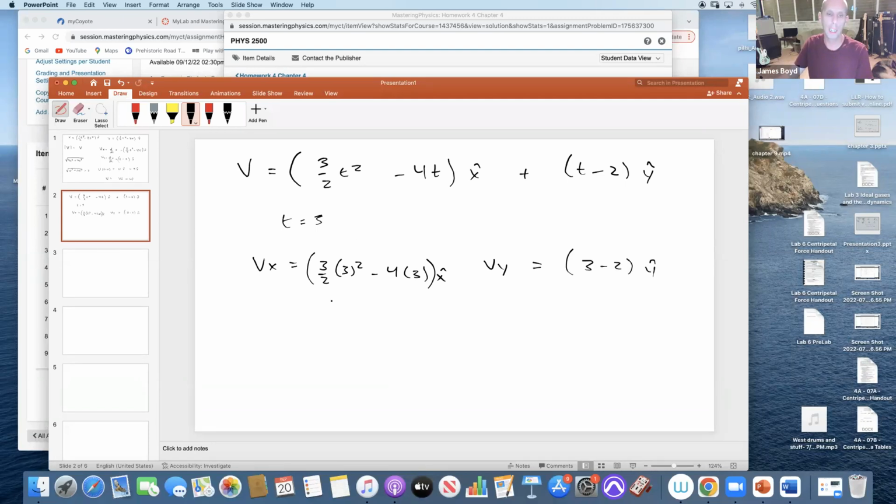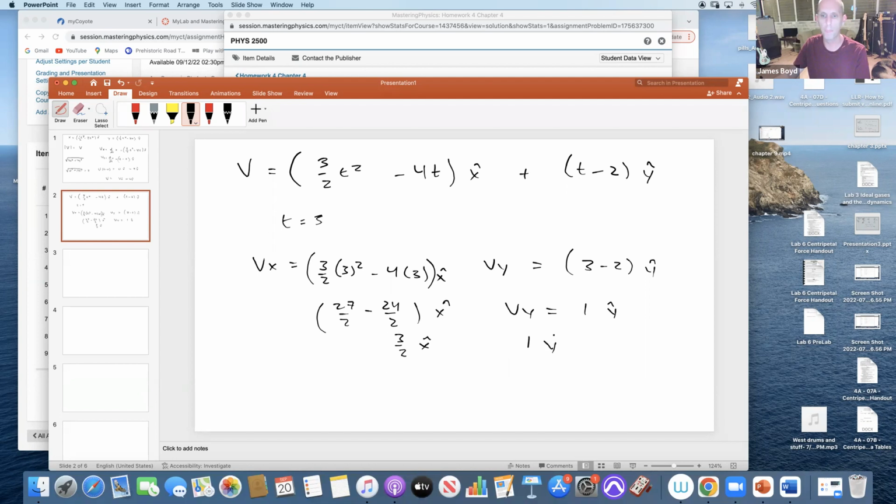This would be 27/2 minus 12, which is 24/2. So 27/2 minus 24/2, which is 3/2. And vy is just 1. So this is 3/2 x hat, or 1.5.